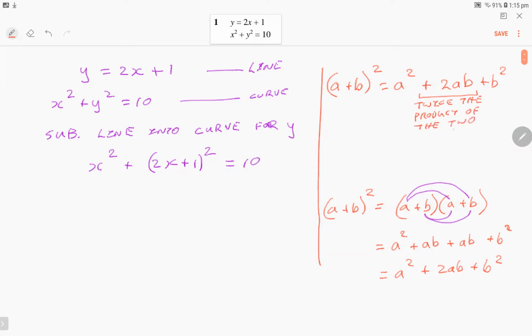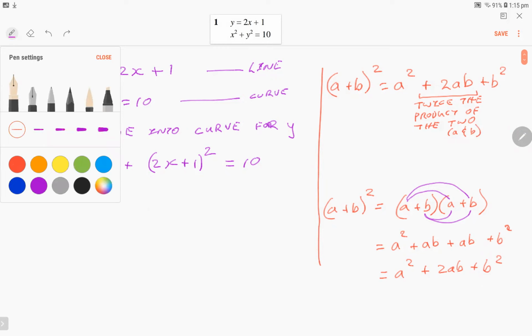When I say the two, I mean the a and the b, because the two things you have in the bracket are a and b. So how do we do twice the product of the two? You multiply them first, and then you double what you get. I'm showing you the short way right away, and not babying you. You're doing CSEC, so I'm not treating you like babies.